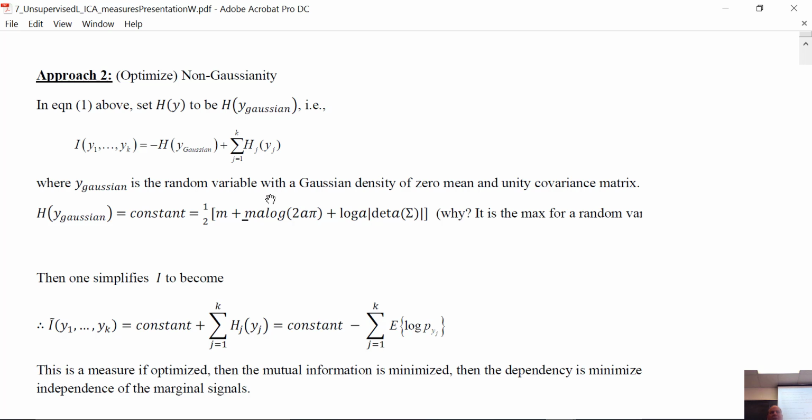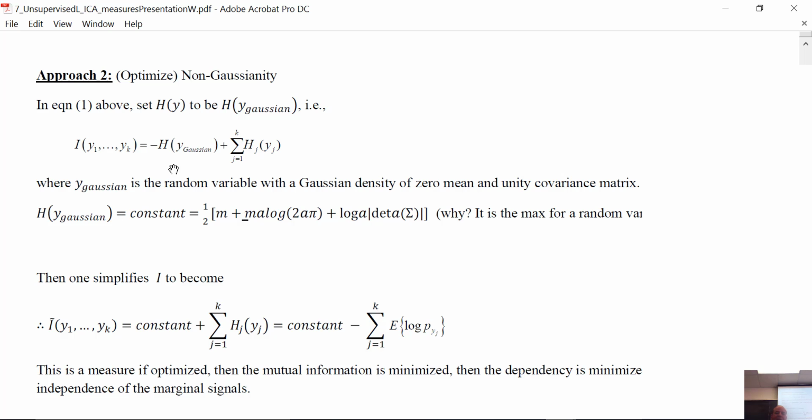That would be Laplacian, exponential, anything that has an exponential form where it peaks near the origin and goes down. So right now we have a measure of optimizing non-Gaussianity, meaning that our output is going to be far away from being Gaussian, because being Gaussian is the maximum uncertainty, maximum entropy. So we want our signal to move away from that maximum uncertainty.